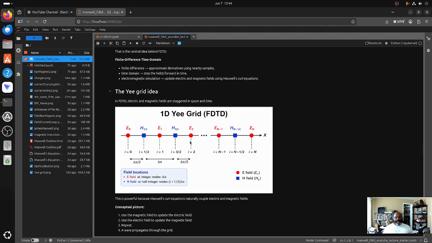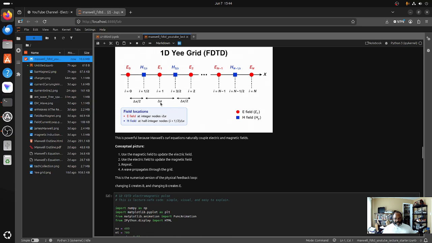Just as they generate each other as they propagate in space or through some device, when we code this, we have to code it the same way: electric field, magnetic field, electric field, magnetic field, and so on.